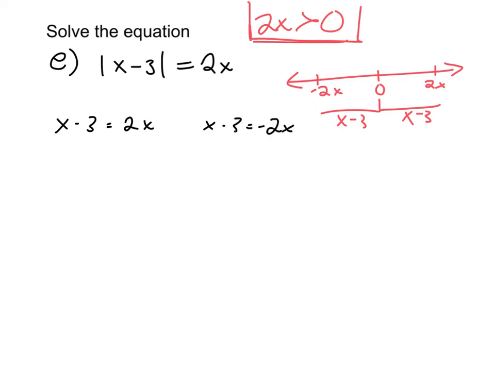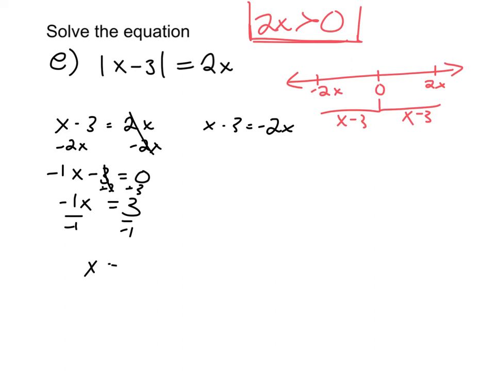Okay, so I'm going to solve. I'm going to subtract 2x from both sides. And so I'll end up with negative 1x minus 3. This cancels, so I have 0. Add 3 to both sides, so I have negative 1x equals 3. And then divide both sides by negative 1. I get x equals negative 3.